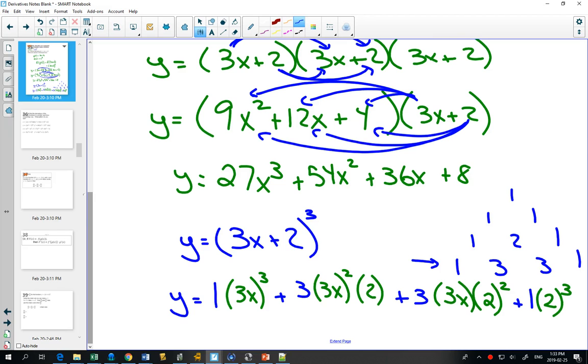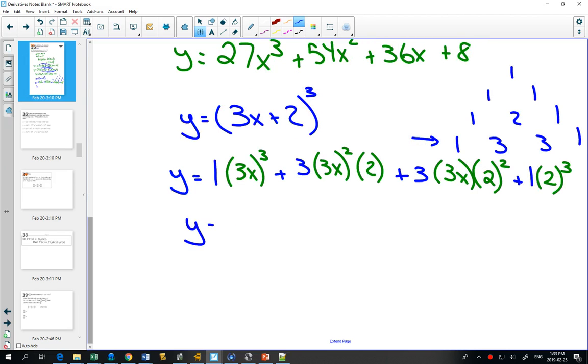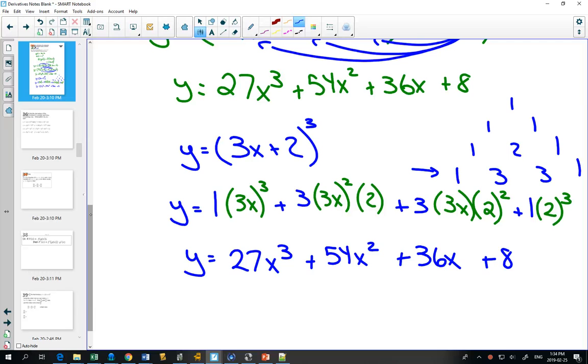If I multiply this out, 3 cubed would be 27x cubed. 9 times 6 is 54x squared. 4 times 9 is 36x plus 8. Did I get the same answer? Yes. Oh, that's exciting. So I could use what I learned about the binomial theorem from grade 12 to expand this as well.